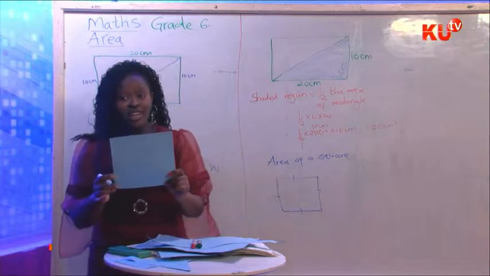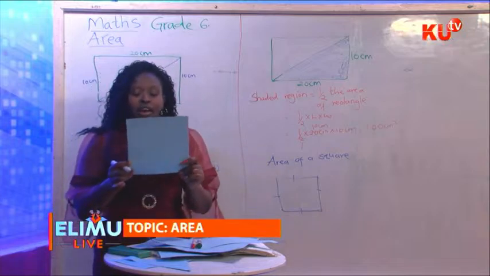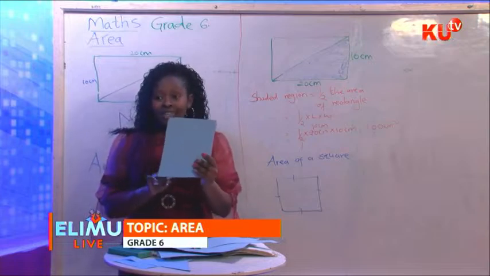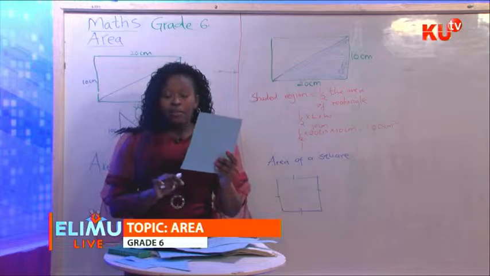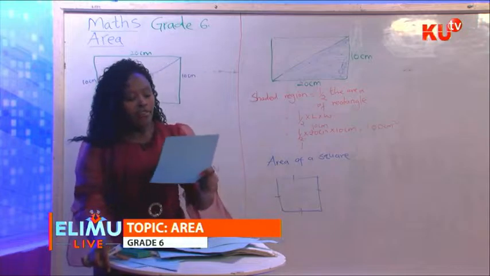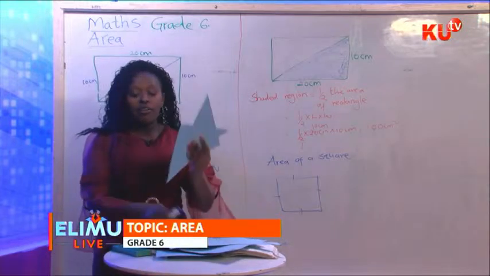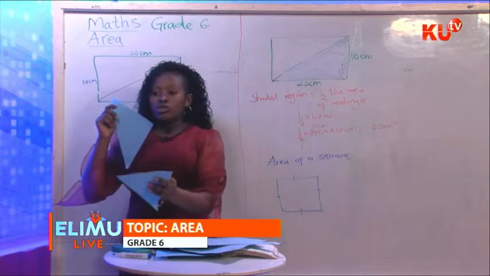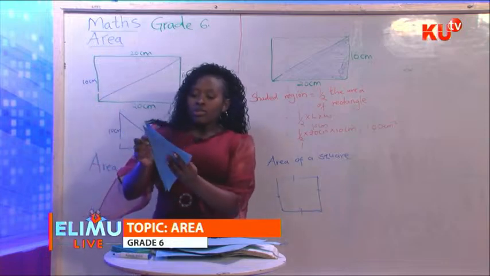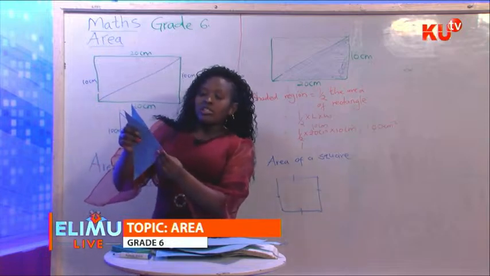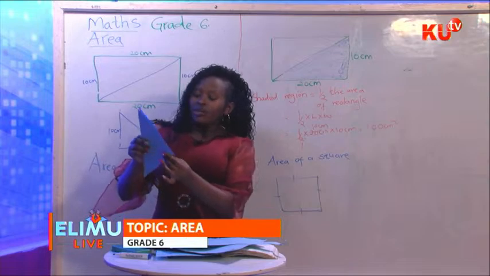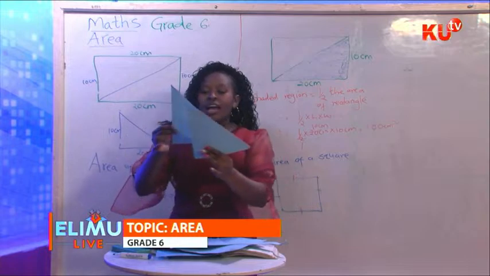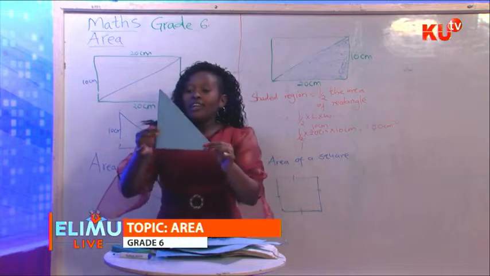Learners, do you know what is a right-angled triangle? A right-angled triangle is one in which we have got a 90-degree angle at the base. So I have cut my square, and then I have obtained two right-angled triangles. So we can still match just as we did to the rectangle. If I match the two cutouts, the two triangles, you can see that they are equal.